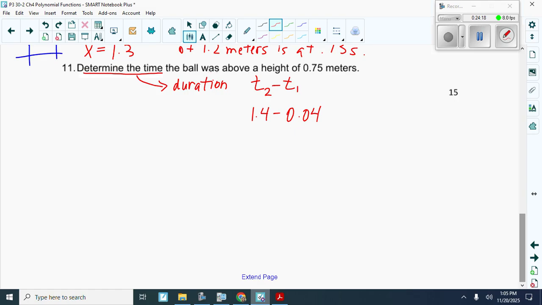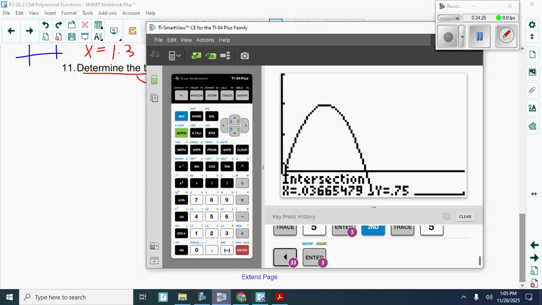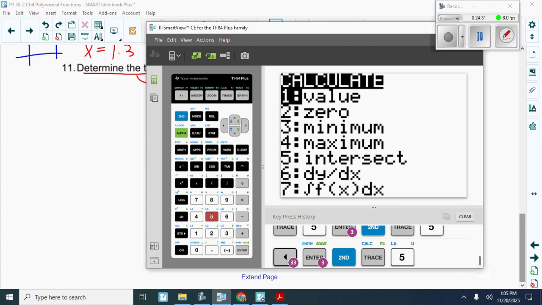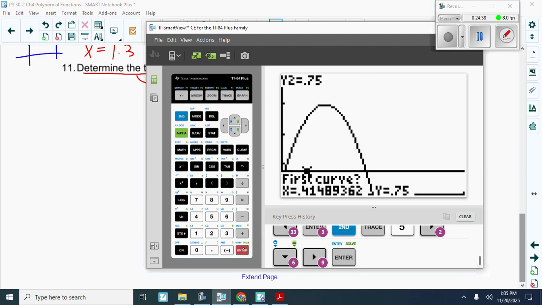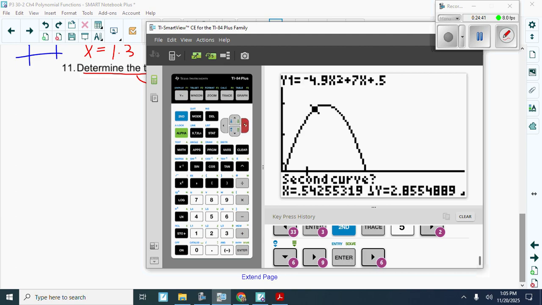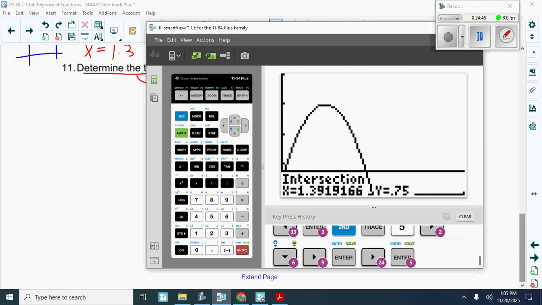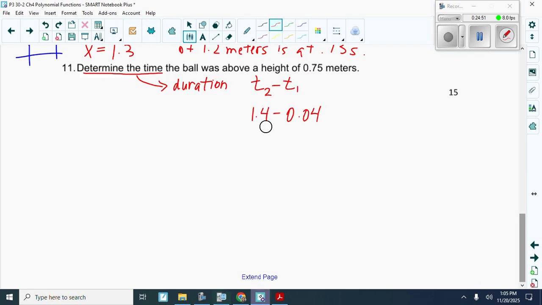Okay, so maybe we should have put one more decimal place in the other one. Okay, second trace. I'm just going to fix that up a little bit. Oh, okay, that one. Second one. I want the other. I just thought I'd take one more decimal place, 1.39, just because the other one had, okay, there we go.